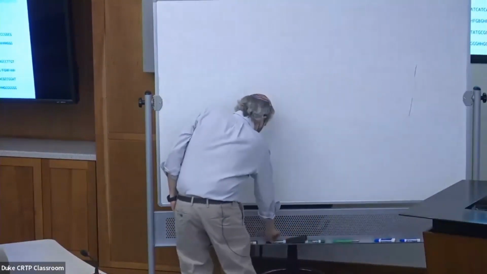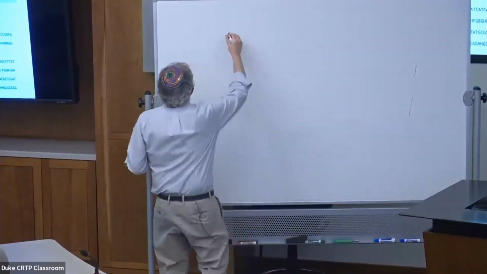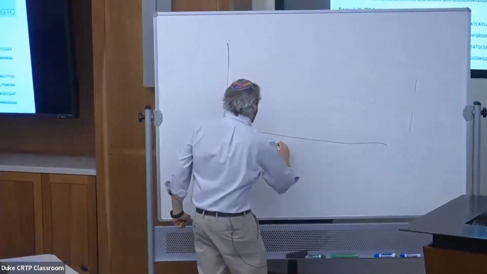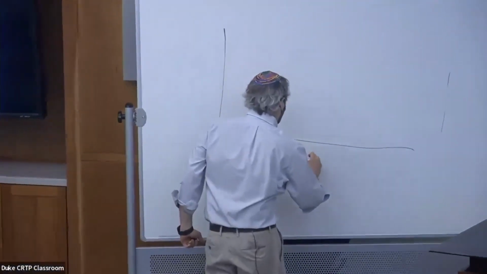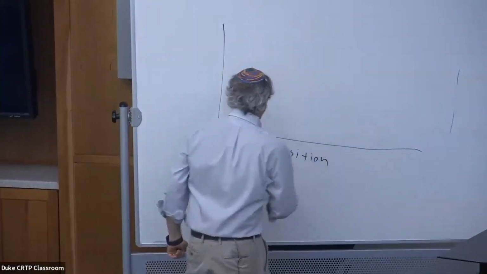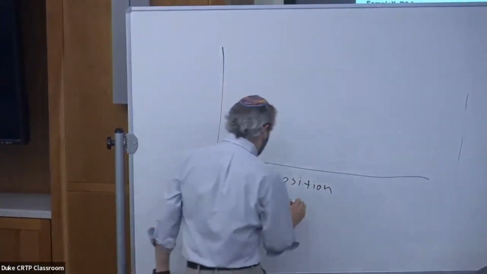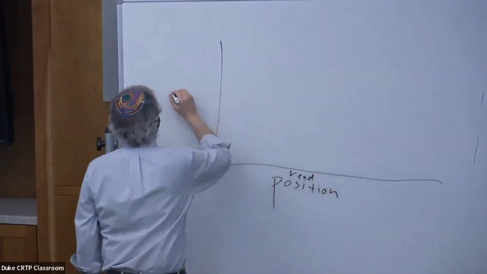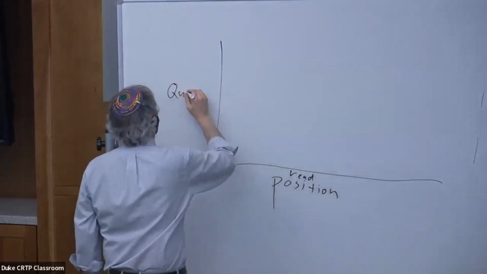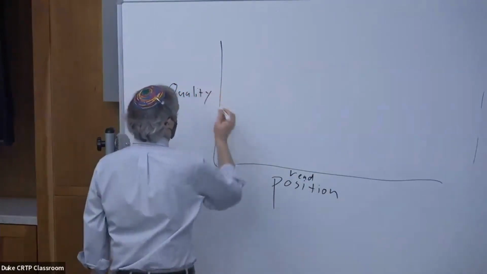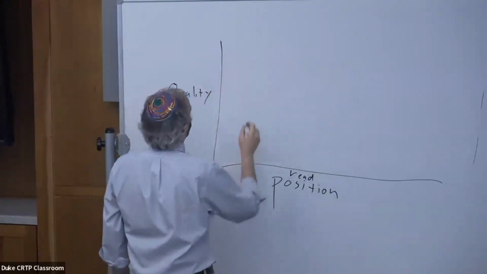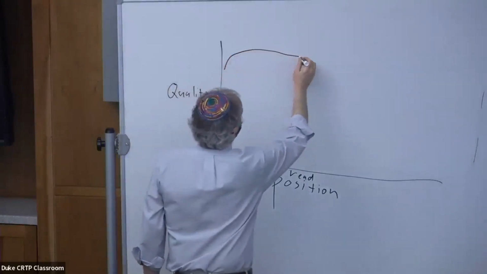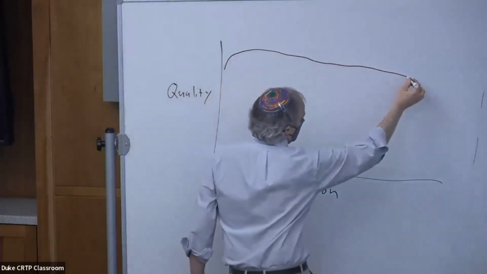If you actually look at a plot of read position against quality for Illumina sequencers, what you tend to see is a curve like that.